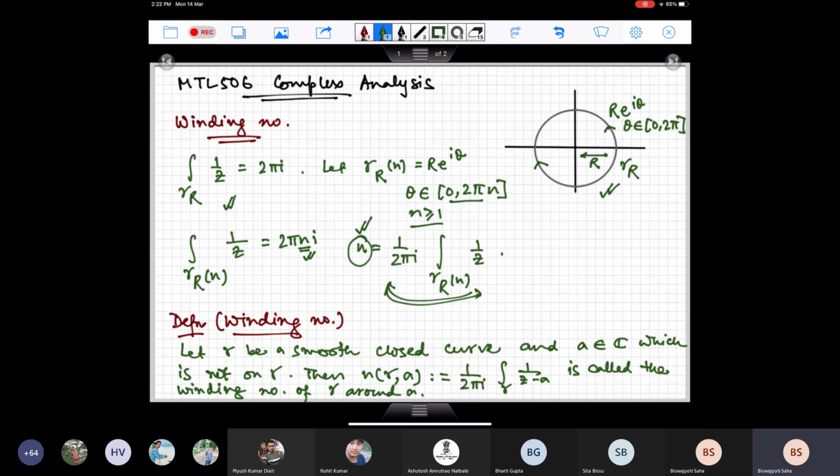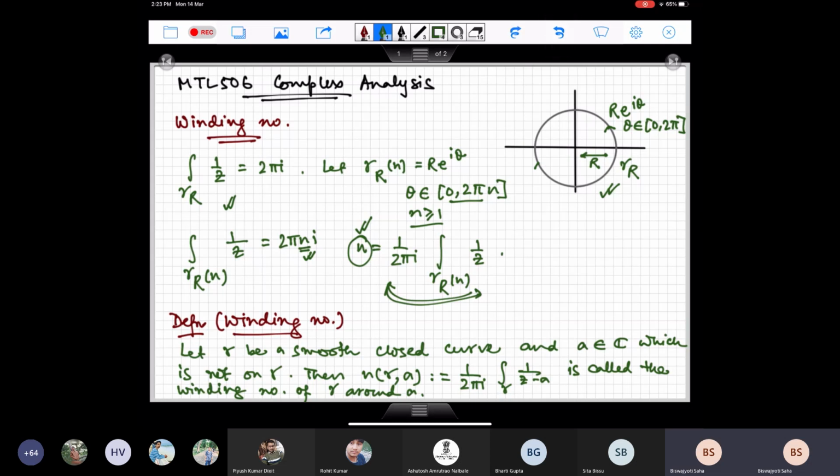Because if you take the reverse of gamma, you get a negative sign. So if with respect to that point the curve goes in the clockwise direction, then your winding number is going to come out negative.